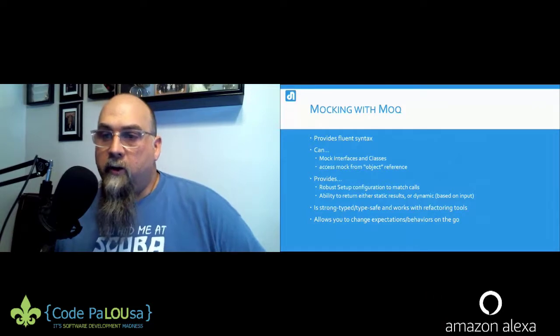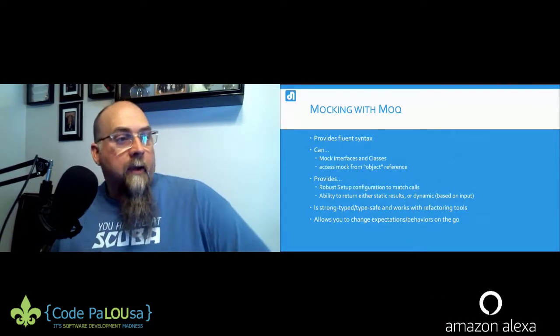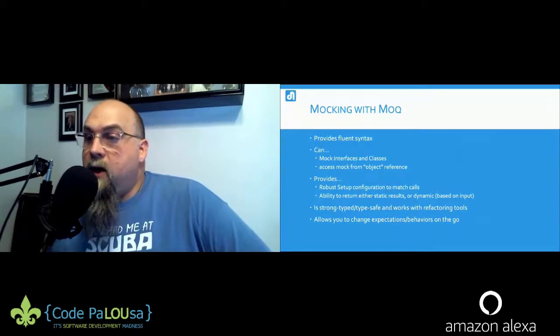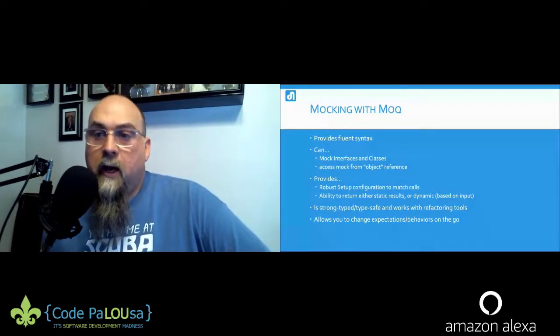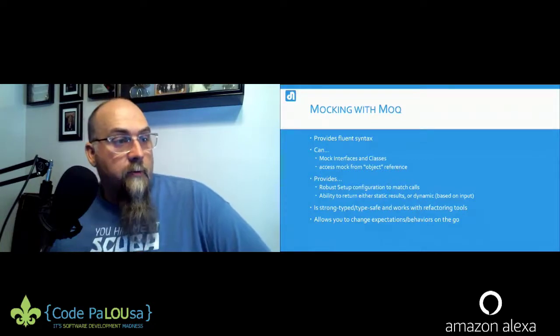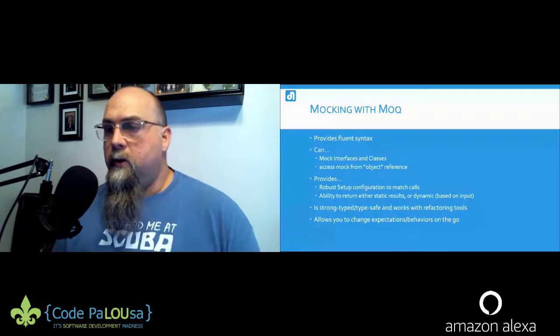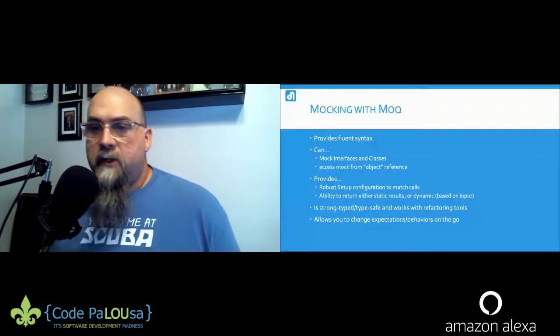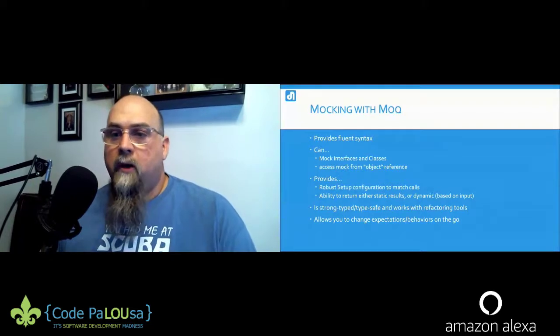Another popular one out there is NSubstitute, and I've used it some as well. But I like Moq just because, if nothing else, it was what I got into mocking with, and I understand it really well. It's nice because you can lay everything out in a fluent syntax, so it's very easy to build out your behaviors on it.